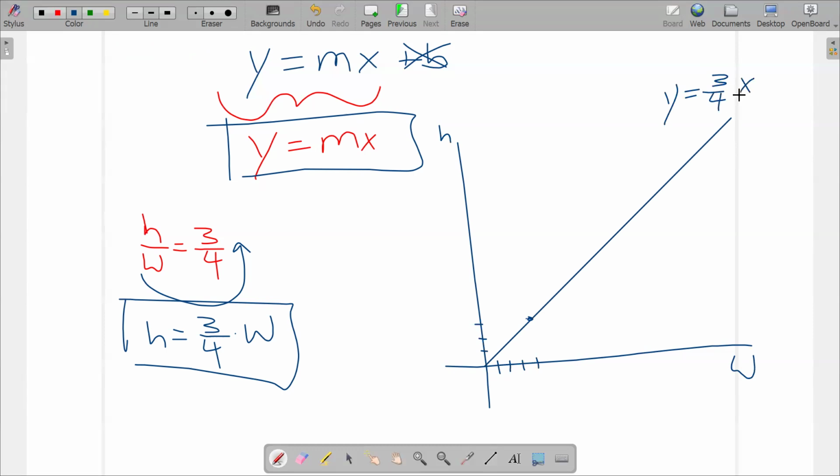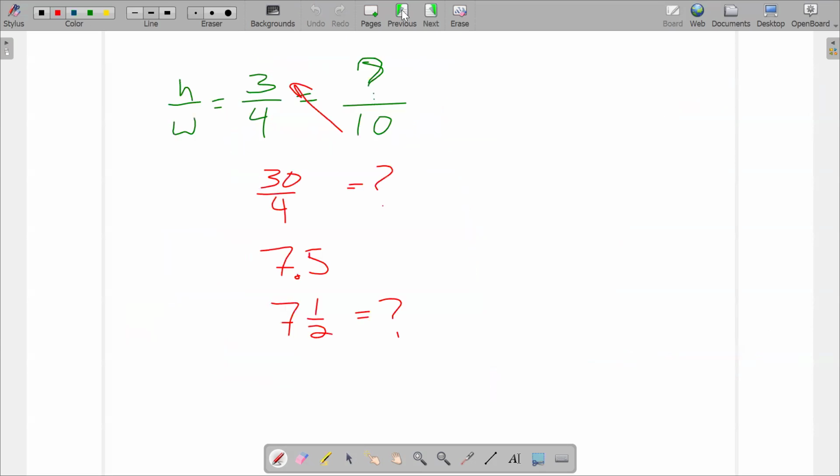But here, the y is my height, and the x is my width of some similar shaped rectangle. And then geometrically, this right here would be my original 3/4 image that I started with. And then anything else we calculated, like we calculated back here, that if the width was 10, the height has to be 7.5.